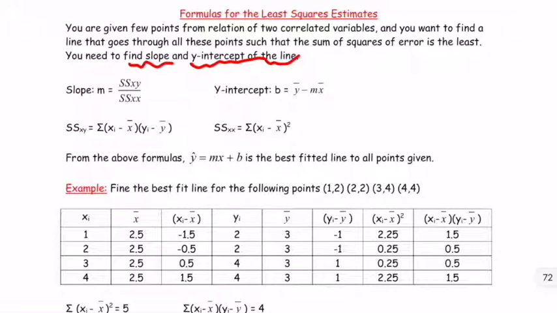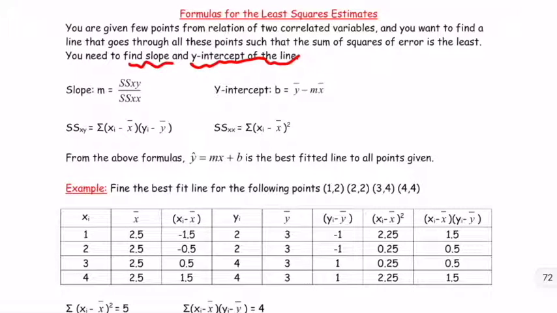So first, how do we find the slope? There's a formula which is m equals SSxy over SSxx. The numerator, SSxy, is equal to the sum of (xi minus x bar) times (yi minus y bar).